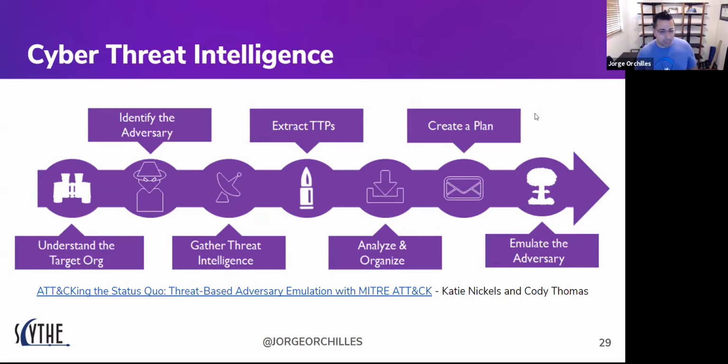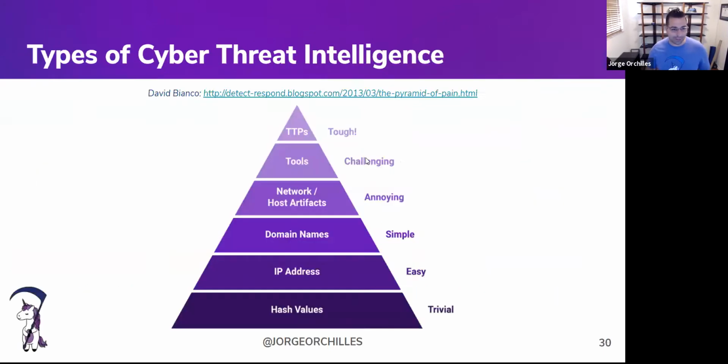And these were the steps outlined: understanding the target organization, identifying the adversary that is likely to attack your organization, because they're going to be different than someone else's, gather the threat intelligence, extract the behaviors, the tactics, techniques, and procedures. Then you analyze and organize those, and then you create a plan. For creating plans, as I mentioned, we have the largest library of adversary emulation plans. It's free. It's on GitHub, and it has some pretty cool stuff in there.